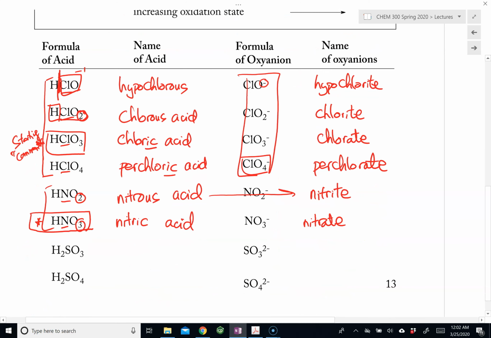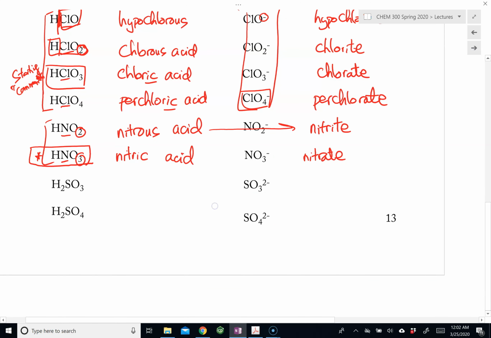And lastly, another example. How will we name these 2 substances in here? And again, identify your most common one. In this case, when the sulfur is a nonmetal, 4 oxygen would then be the most common one. And this is our sulfuric acid. And once sulfuric acid has given up the proton already, it becomes SO4.